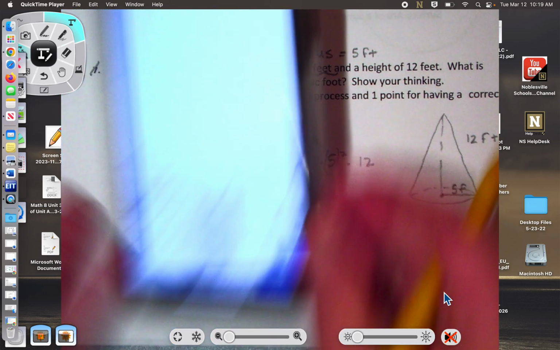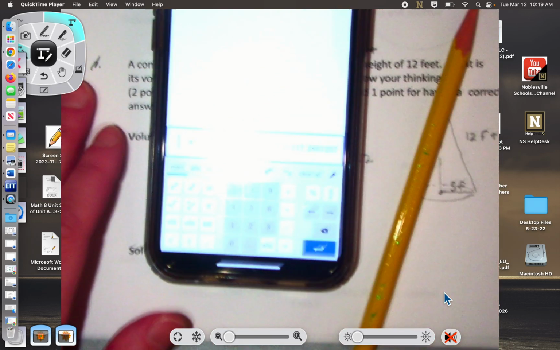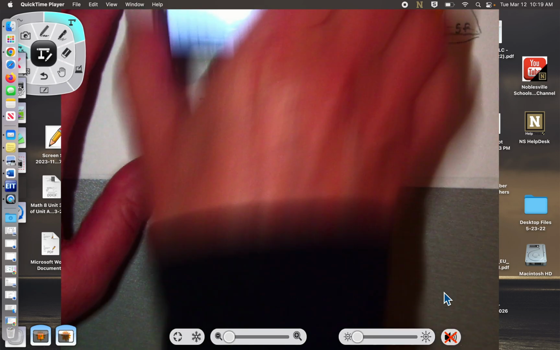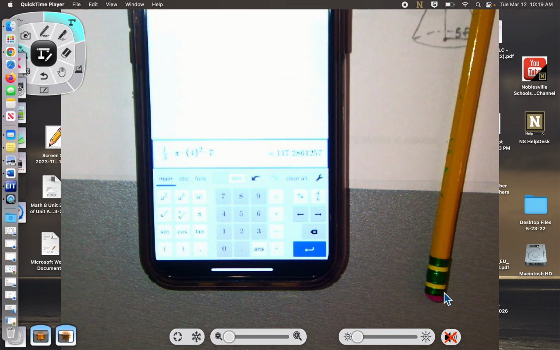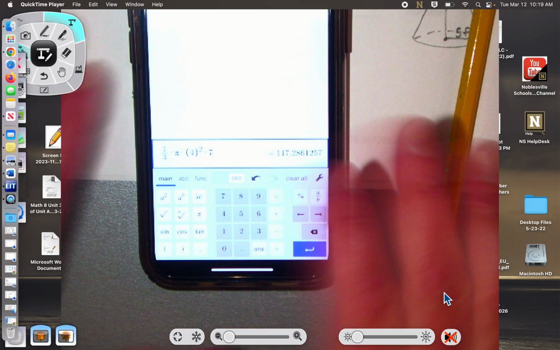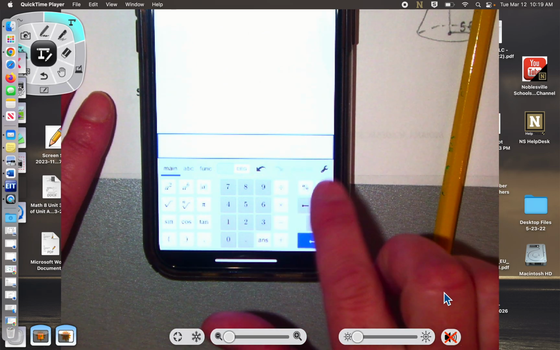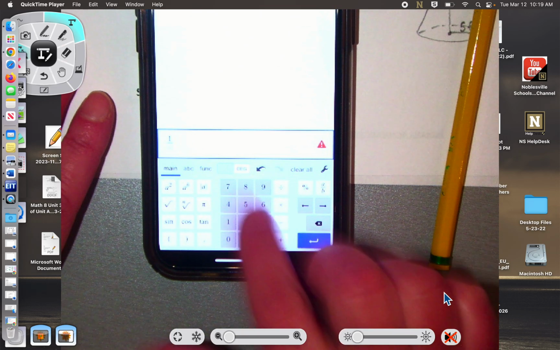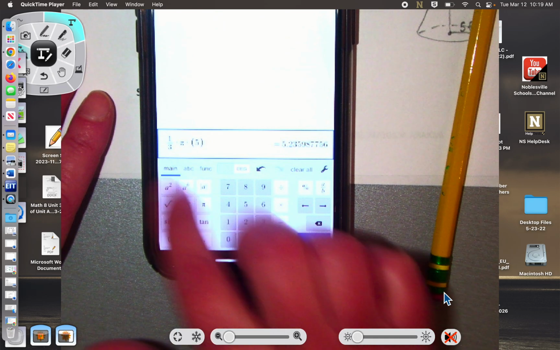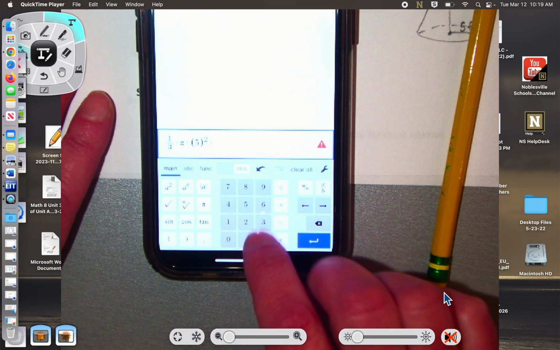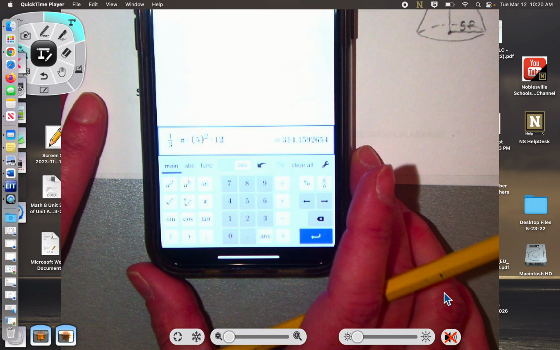Okay, so on my calculator, I have 1/3 times pi times, and I'm going to put in parentheses, 5 squared times the 12. So I took all of those values and put them in the calculator.